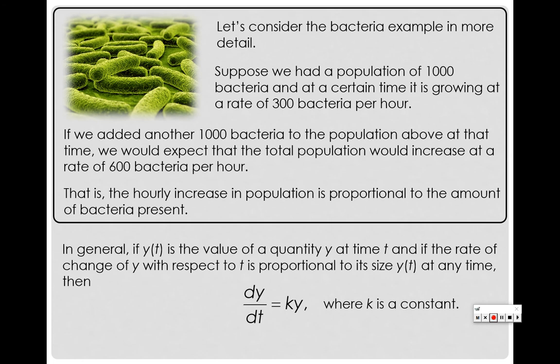Okay, all that talking to say for exponential growth, dy dt is going to be ky. The amount you grow by is going to be some multiple of how much there actually already is there. And now we've got a differential equation with y's in the answer.